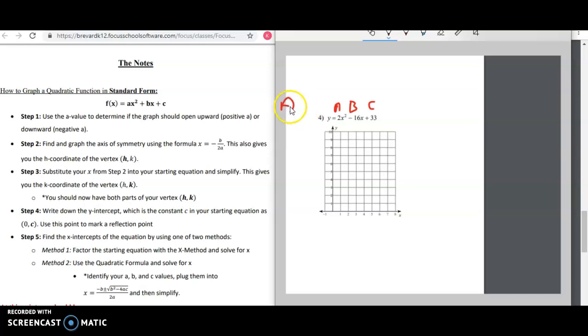So my A is right here. You only use the number, no letters. My A equals 2. B equals, pay attention to the sign in front, negative 16, and C equals 33.